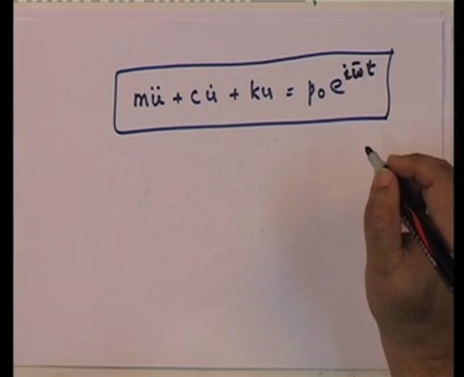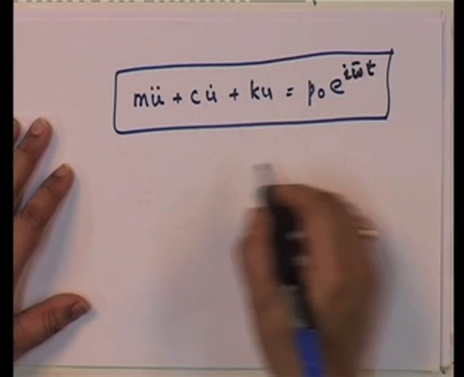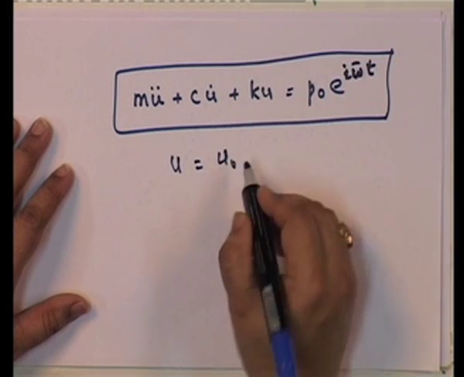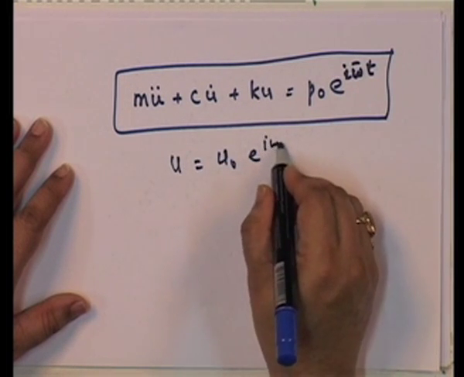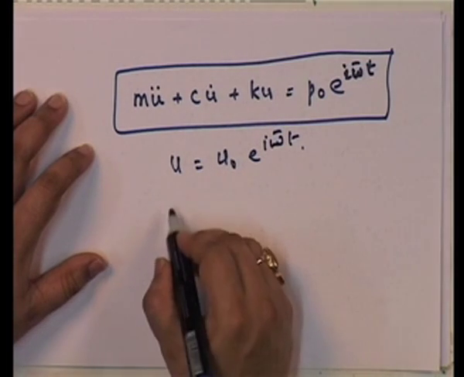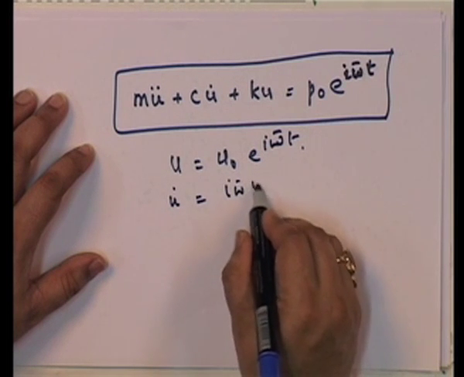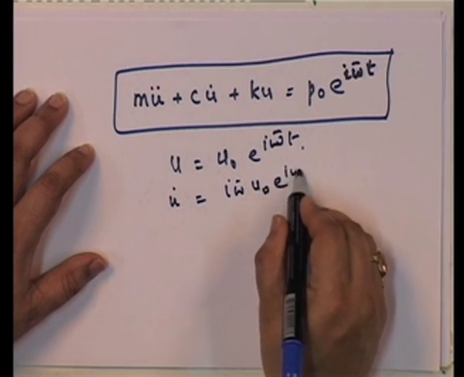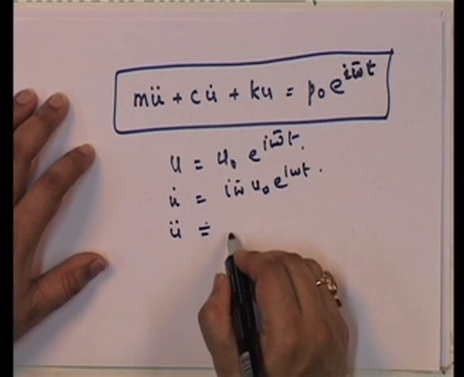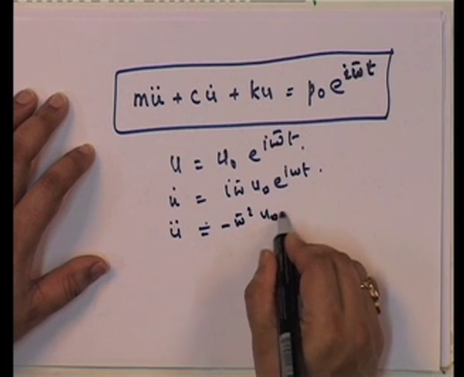I am looking only at steady state. Okay. If we look at steady state, the steady state will also have the form u 0 into e to the power of I omega bar t, the steady state response. So, if I substitute this, u dot is equal to I omega bar u, and u double dot is equal to minus omega bar squared u.